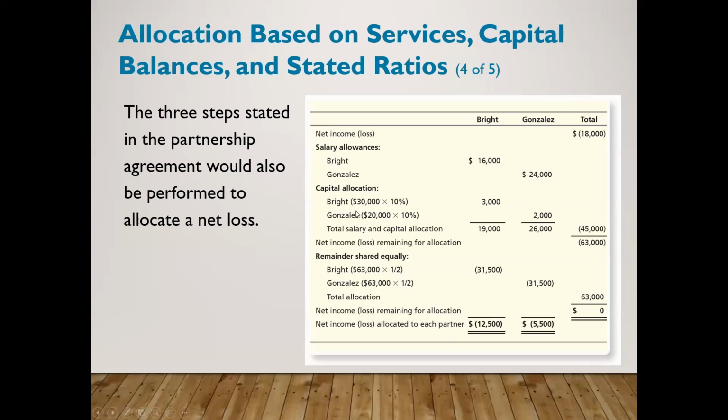So Bright will be $30,000 times 10%, and Gonzalez's capital $20,000 times 10%. After these allocations, the profit and loss sharing ratio will be applied to the unallocated profit or loss.